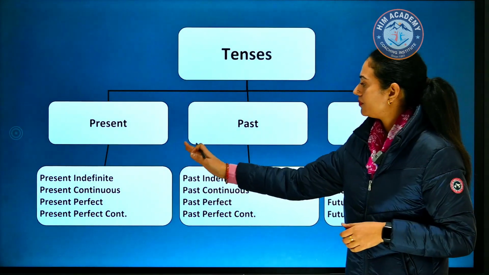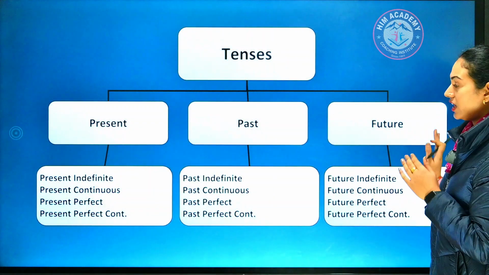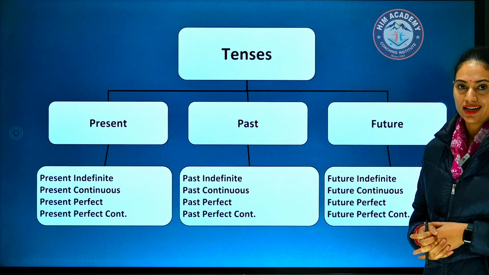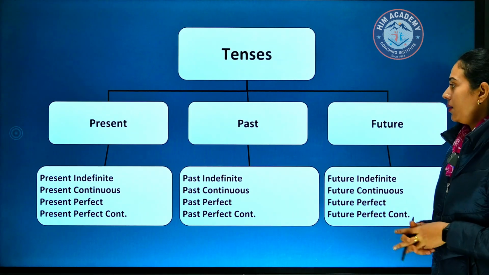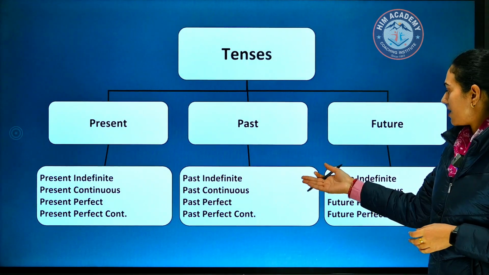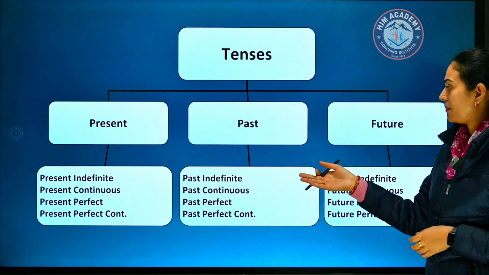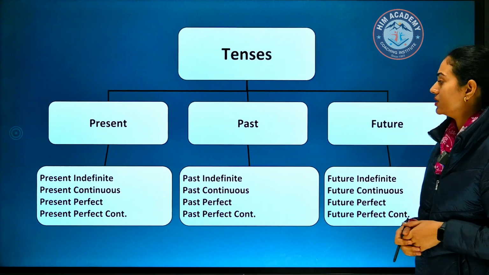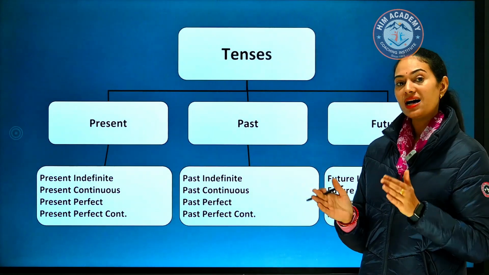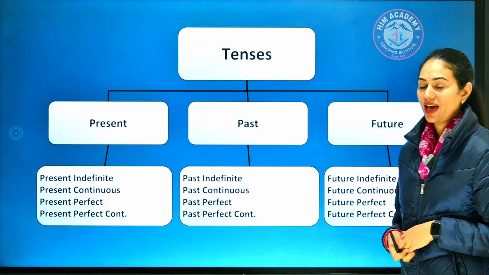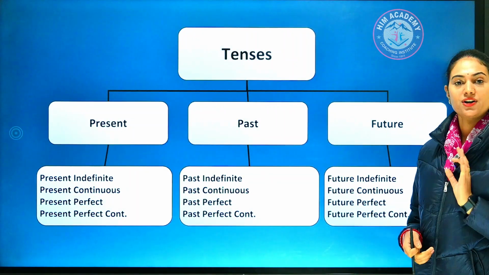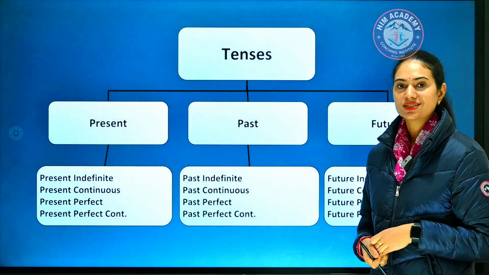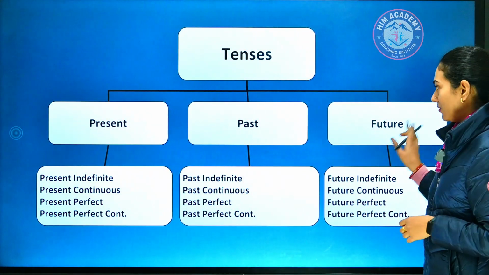Each has four parts, and in all we have 12 different tenses in English: present indefinite, past indefinite, future indefinite; present continuous, past continuous, future continuous; present perfect, past perfect, future perfect; and last, present perfect continuous, past perfect continuous and future perfect continuous.